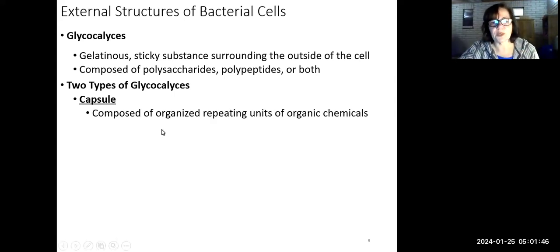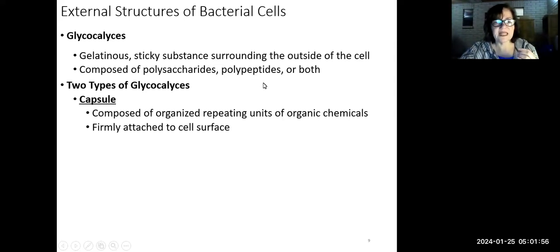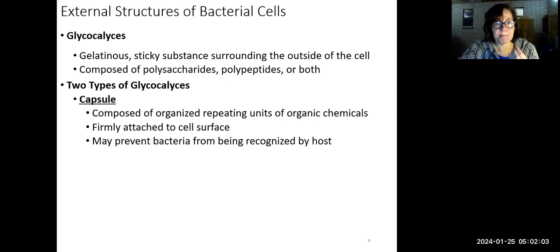So they're very organized, repeating units of these organic chemicals, organic, again, carbon containing, like these sugars and amino acids. They're attached to the cell surface. And we think that these capsules may be in part what keeps bacteria from being recognized by an organism that the bacteria is trying to live inside.